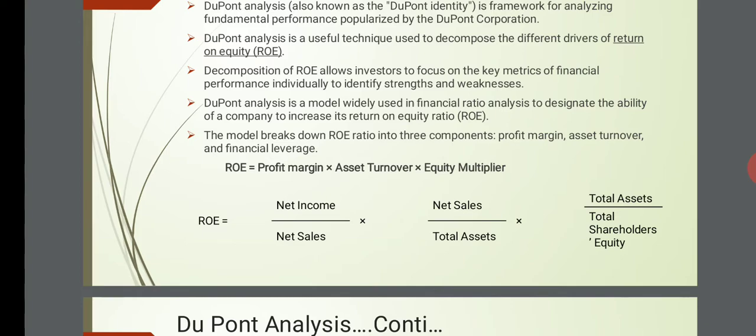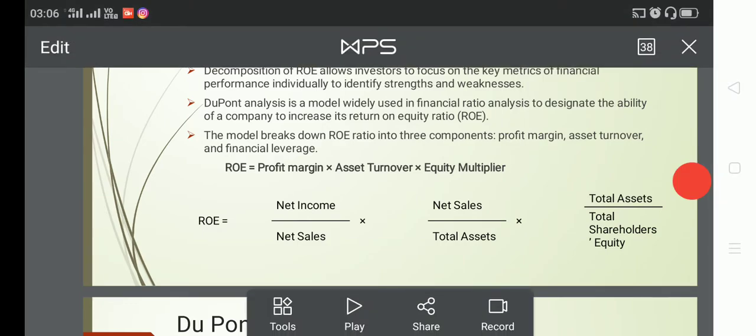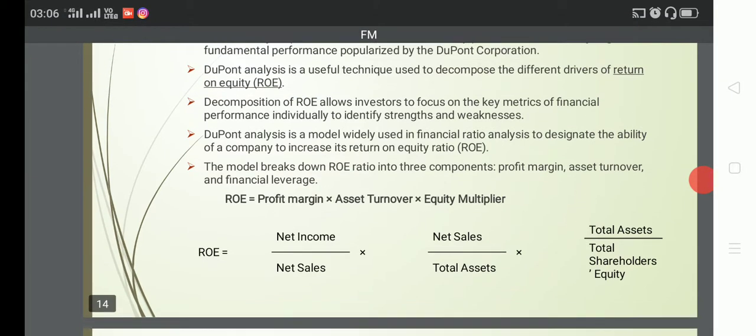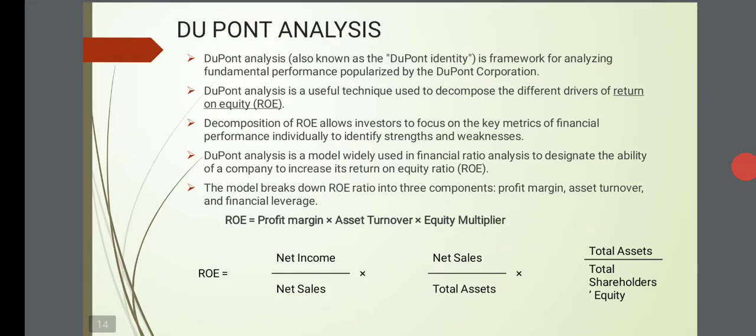If you look into these three components of return on equity, let me explain to you why DuPont analysis has become very important. Because if the ultimate aim of any company, any firm, is to maximize return on equity, now, how can return on equity be maximized?